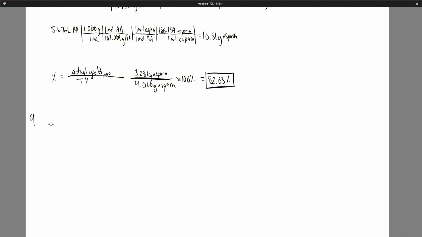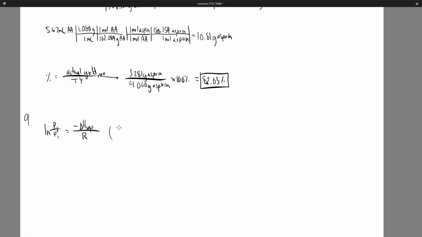It's ln of P2 over P1 equals the negative heat of vaporization over R times the inverse change in temperature. So 1 over T2 minus 1 over T1.